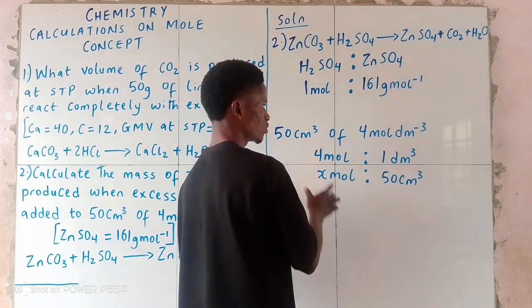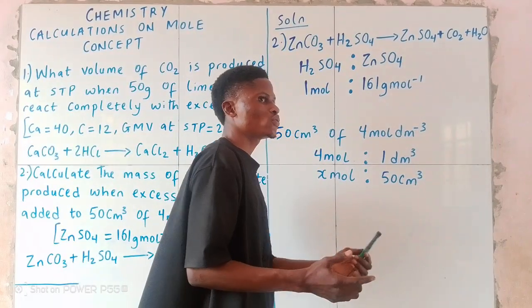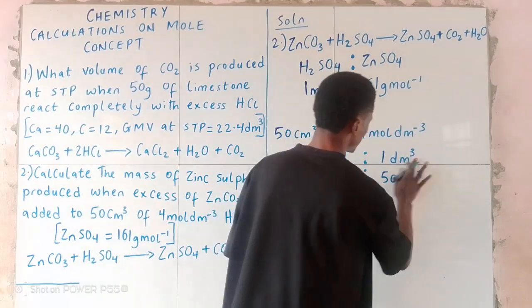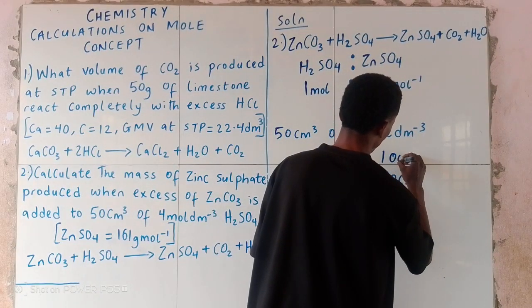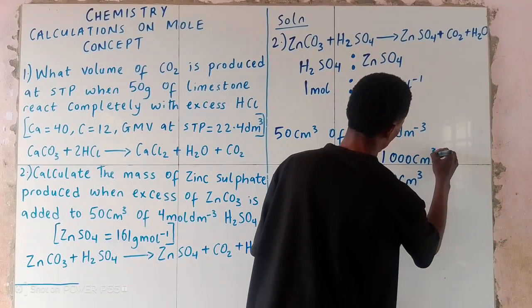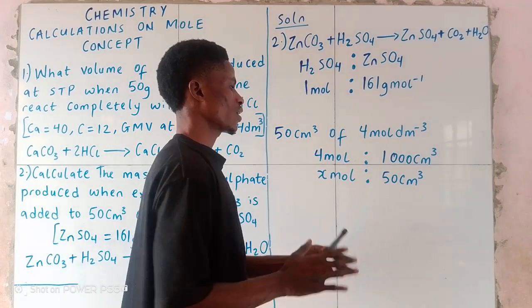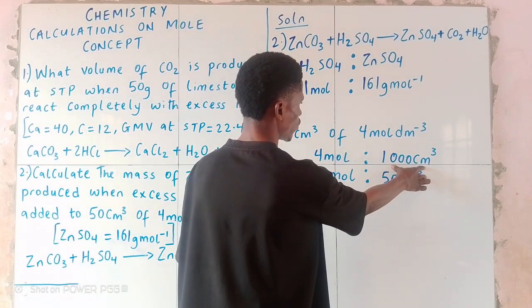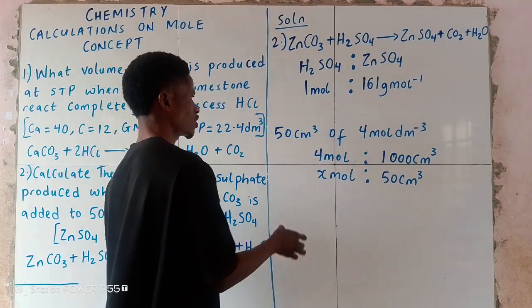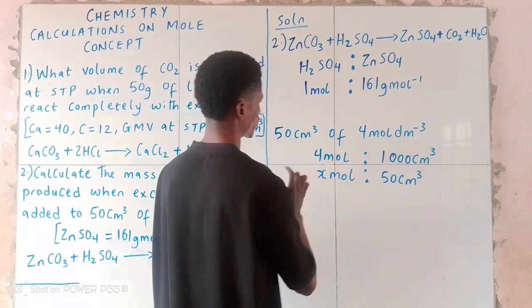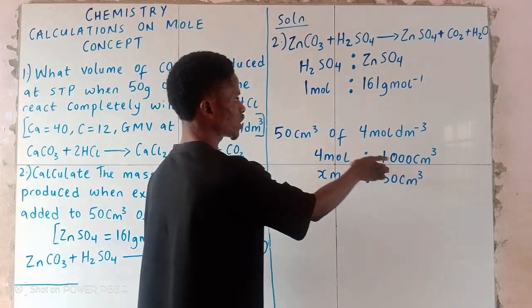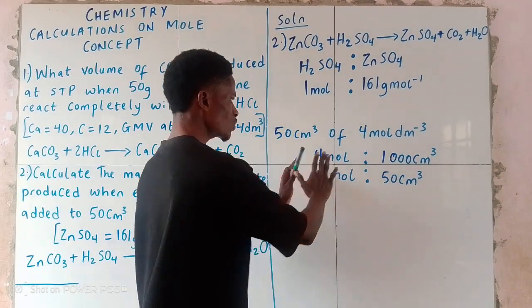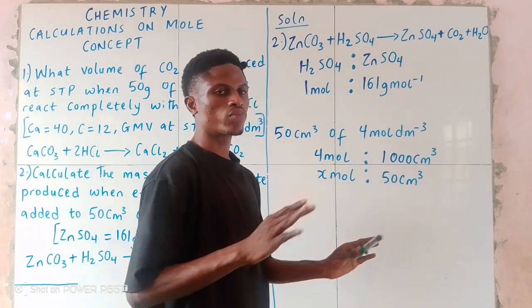I need to convert dm³ to cm³, and that will give me 1000 cm³. Just express it this way and you have no problem. 4 mole in 1000 cm³. Remember, it is 50 cm³ of this. So I'll just put the cm³ under where it belongs and look for the mole.